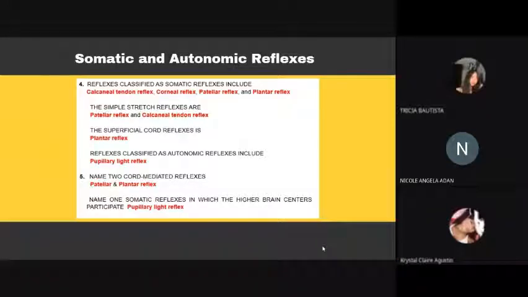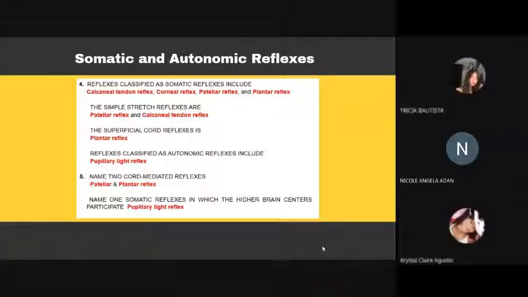Reflexes classified as somatic reflexes include calcaneal tendon reflex, corneal reflex, patellar reflex, and plantar reflex. The simple stretch reflexes are patellar and calcaneal tendon reflexes. The superficial cord reflex is plantar reflex.